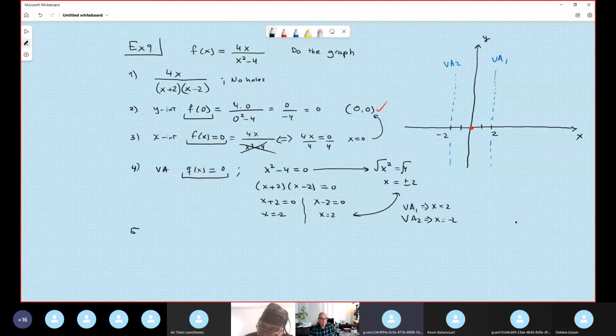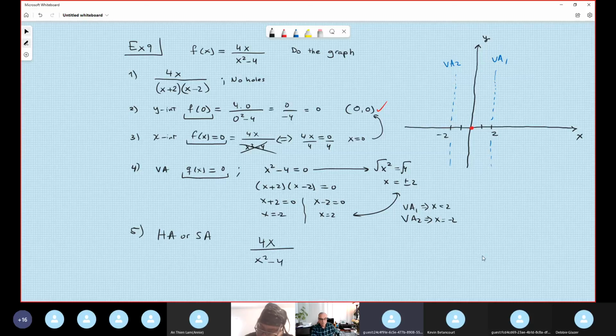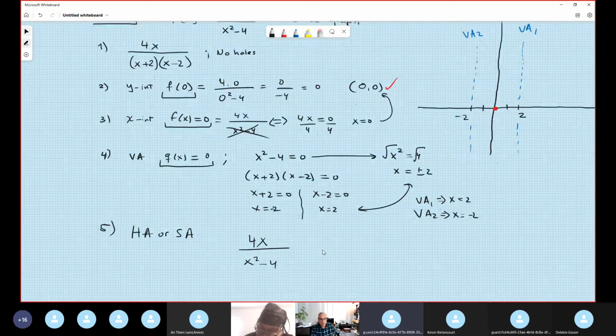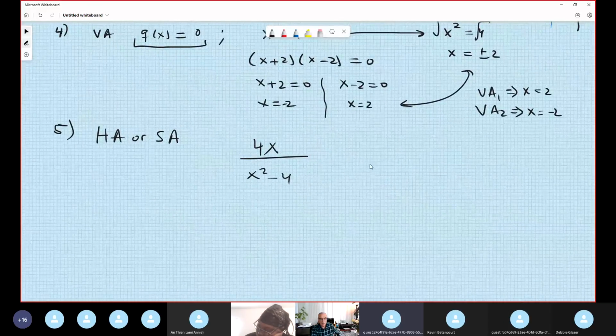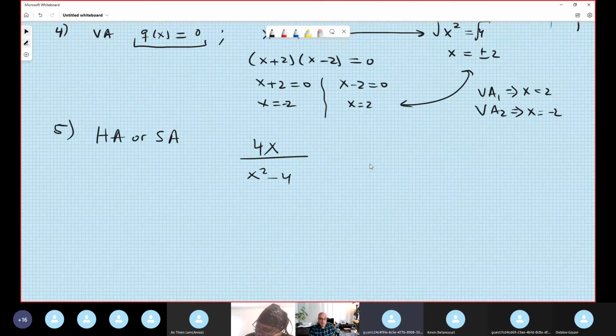Number 5. Well, number 5 is the analysis of the horizontal or slant asymptote. Okay, I come back to my famous function, which is 4x divided by x squared minus 4. To analyze if we have a horizontal or slant asymptote, you analyze the degree.